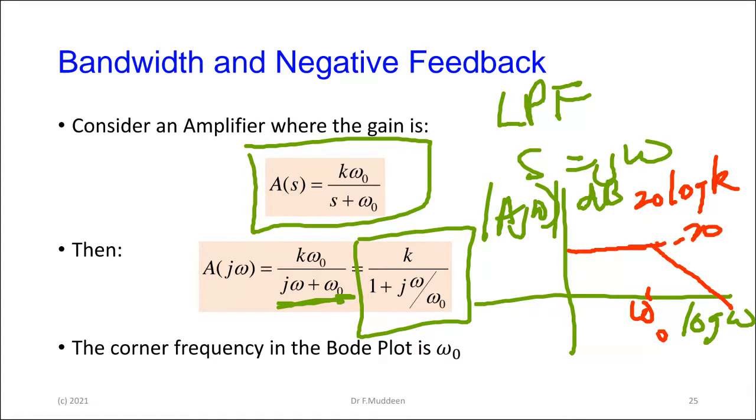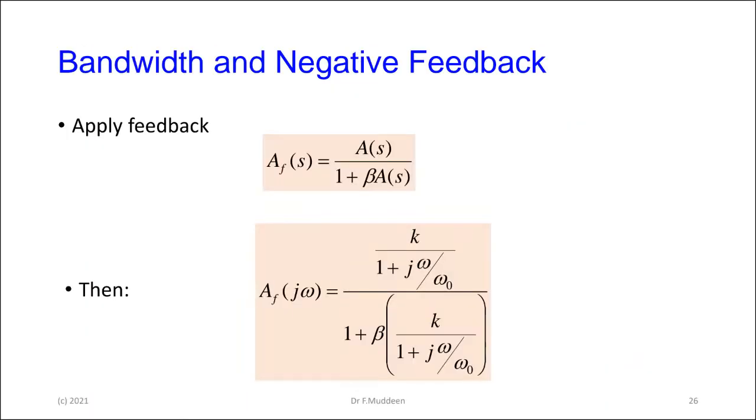So let's apply feedback to this thing now. If we apply feedback to it, then we have the feedback gain A(s) over 1 plus beta A(s). And of course, A(s) is this whole thing. So it's 1 plus beta by that, and we can multiply this through.